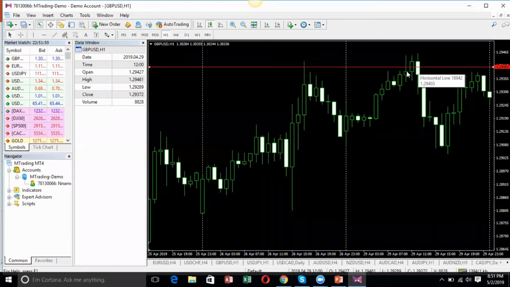Like I said, when you are on a resistance, what you'll be looking out for is hanging man, shooting star, doji, and spinning top as well. In this case, we can see a hanging man on a resistance.